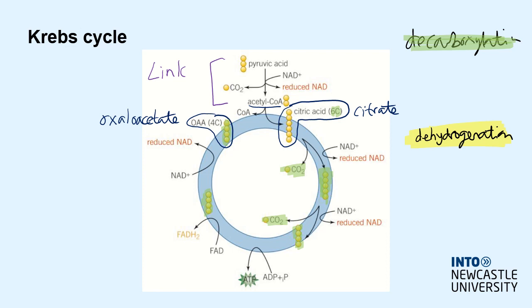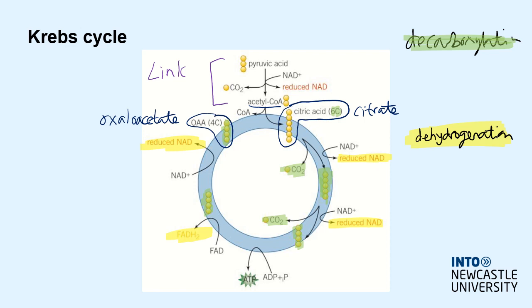So we have some reduced NAD made, some more reduced NAD made, and another batch of reduced NAD made. So 3 molecules of reduced NAD for one go around the Krebs cycle. We also produce 1 molecule of reduced FAD. But again, as it all happens twice, that will be overall 2 molecules of reduced FAD.